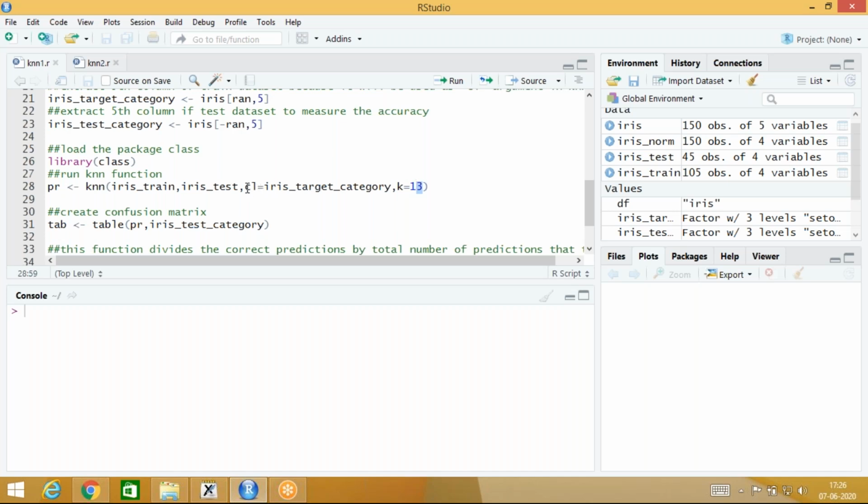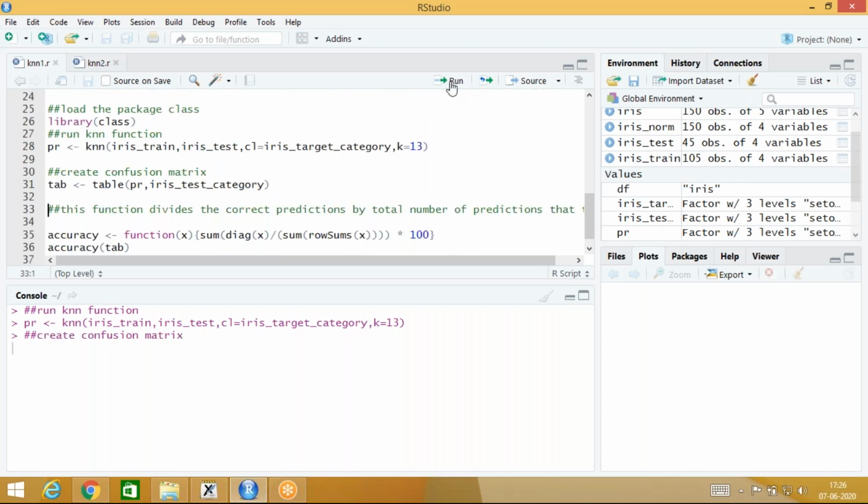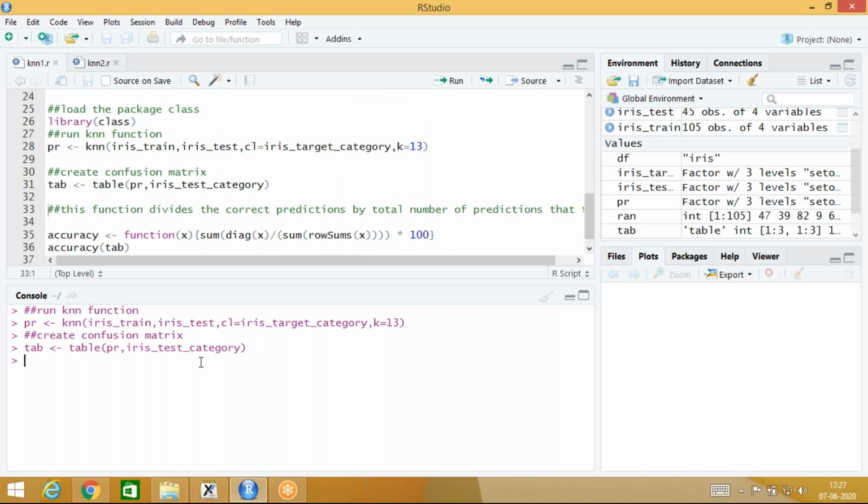And my call is iris target category, and iris train is my training data, iris test is my testing data. So I run this KNN, taking k equal to 13. It ran very fast.